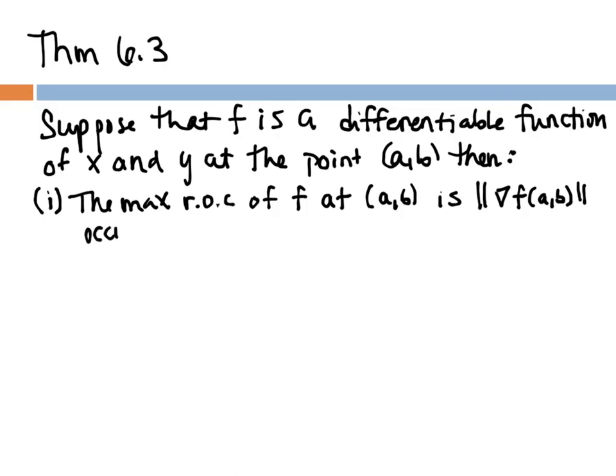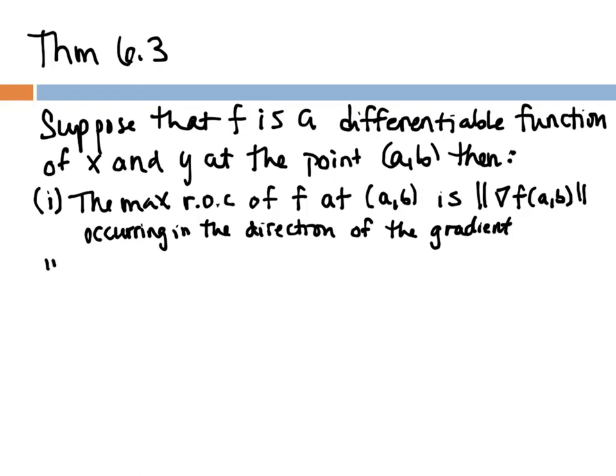And it is occurring in the direction of the gradient. Maximum rate of change, that's where the slope's increasing the most quickly, right? That's what we're understanding that to be. That is the maximum rate of change.